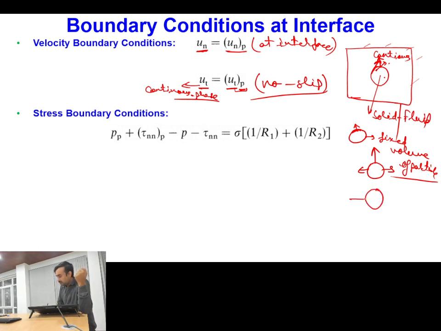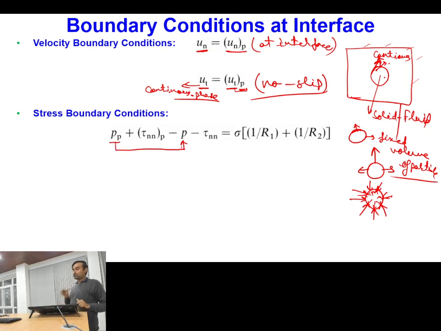There will be some force always acting normal to the interface, and of course from inside also there will be some force in the normal direction. The normal force from inside is the pressure of the particle. The normal force from outside is the pressure of the continuous phase.